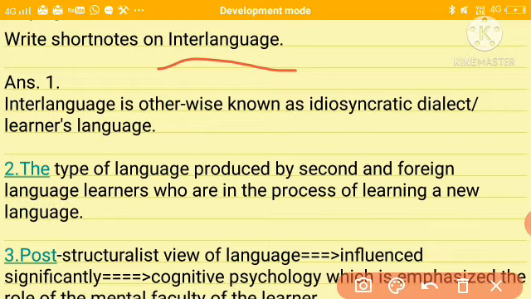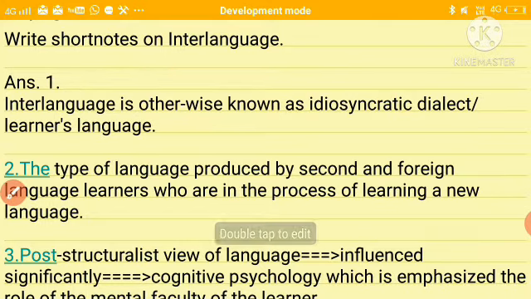So let's start. Answer 1. Interlanguage is otherwise known as idiosyncratic dialect or learner's language. So it is a learner-centric approach.